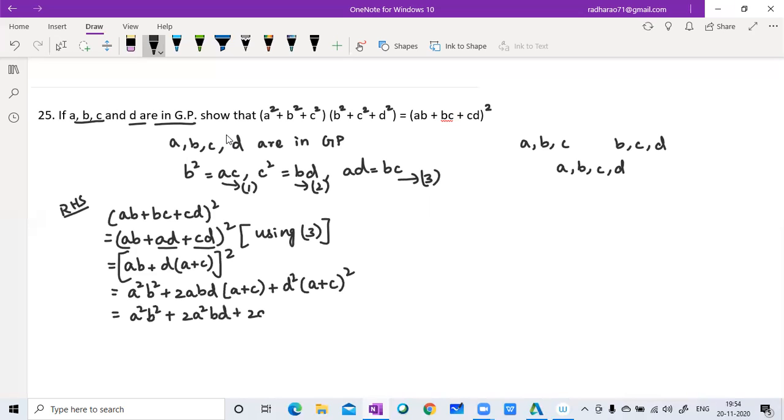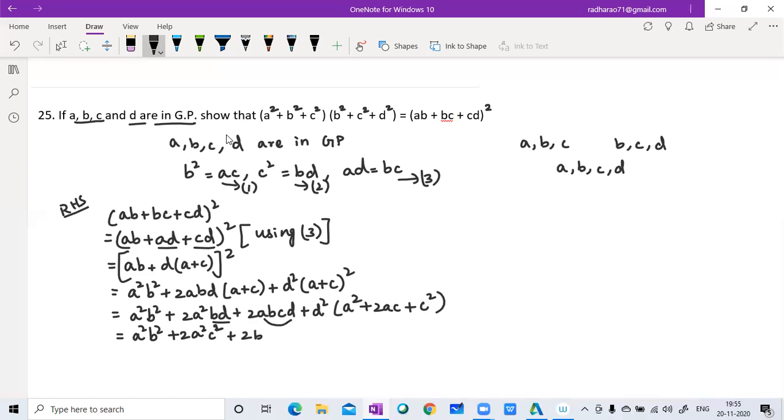Then 2abcd plus d² into (a + c)², this is again in the form of (a + b)². I write it as a² + 2ac + c². So it is a²b² plus 2a², and in the place of bd I am going to replace with c² from equation number 2, plus 2, this ad I am going to replace with bc.